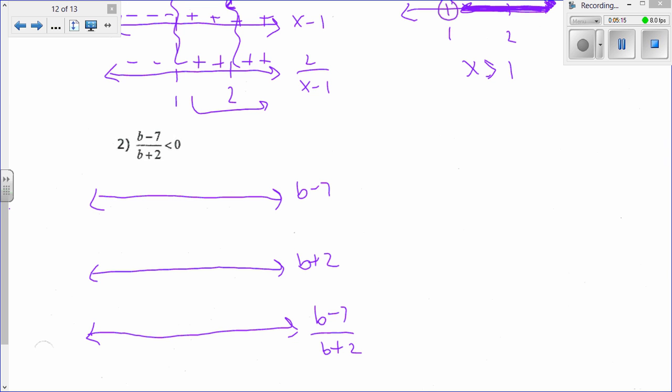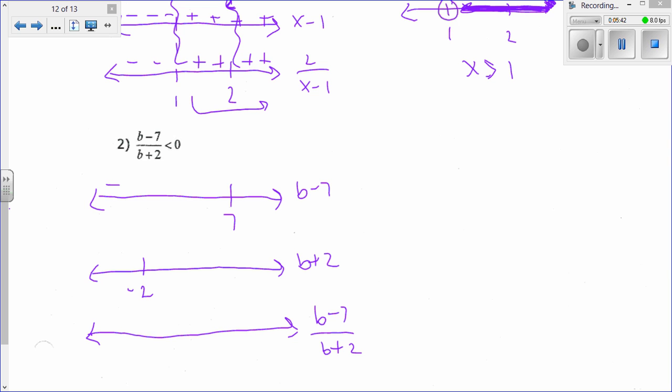B minus 7 is 0 when b is equal to 7. B plus 2 is equal to 0 when b is equal to negative 2. So if I go back to my number line of b minus 7, if I put a number smaller than 7 in, like 6, 5, 4, 3, 2, 1, 0, anything negative, if I put in 0, 0 minus 7 is negative 7.